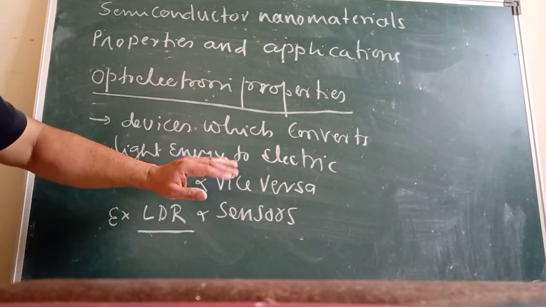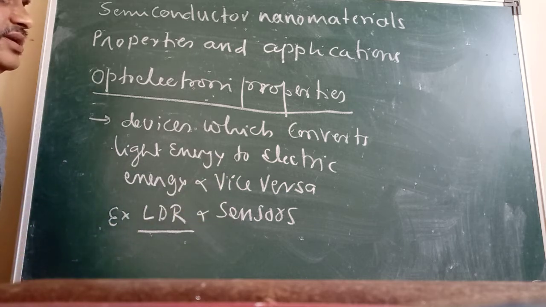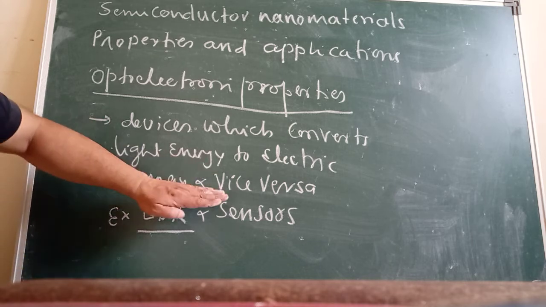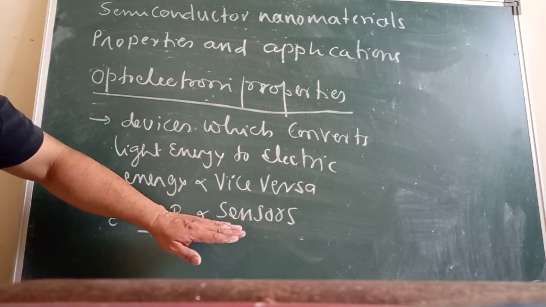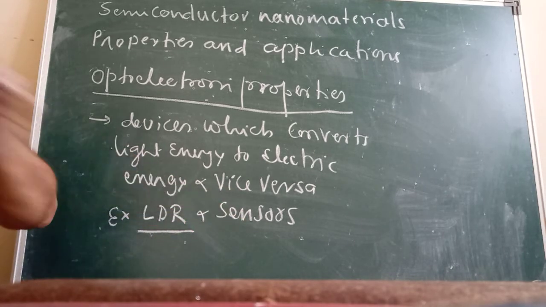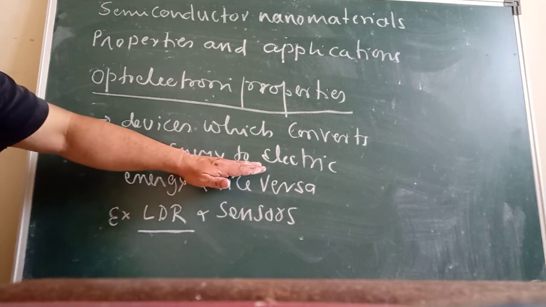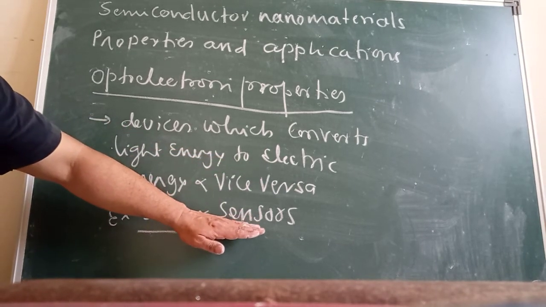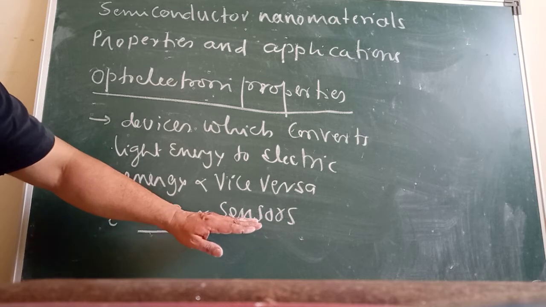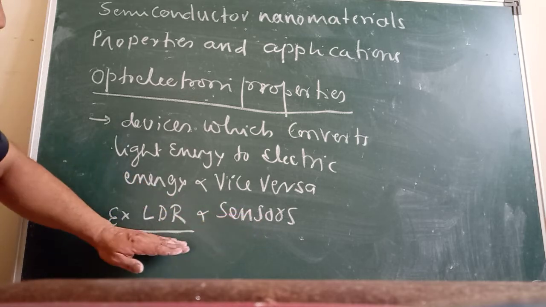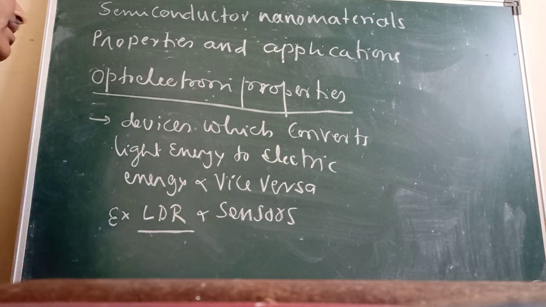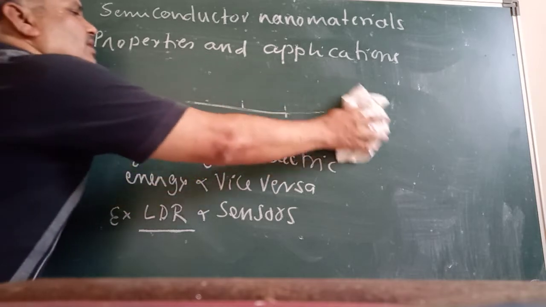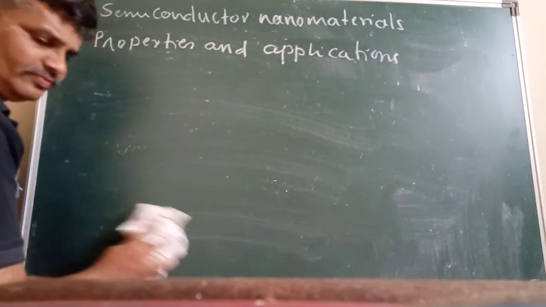These are the optoelectronic properties of semiconductors. With changes in the size of the nanoparticles and doping, nanowires and semiconductor thin films are used to produce LDR sensors, photovoltaics, etc. These are the optoelectronic properties of nanomaterials.